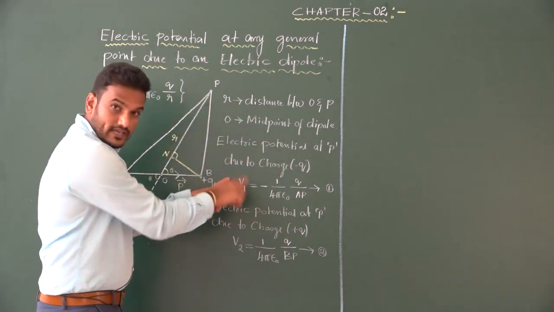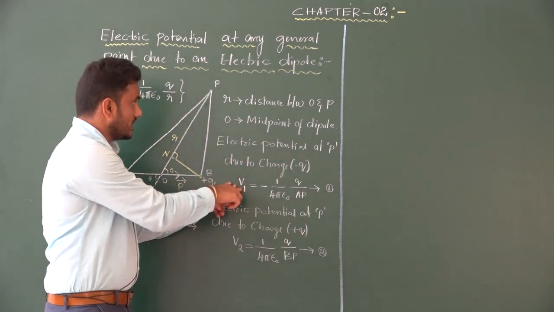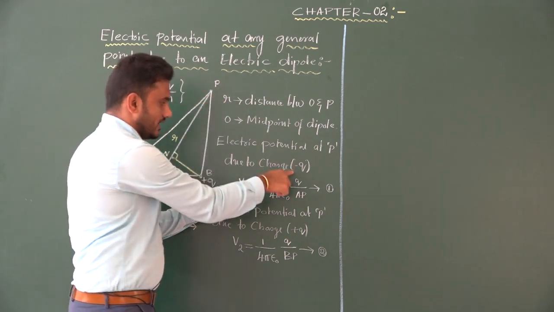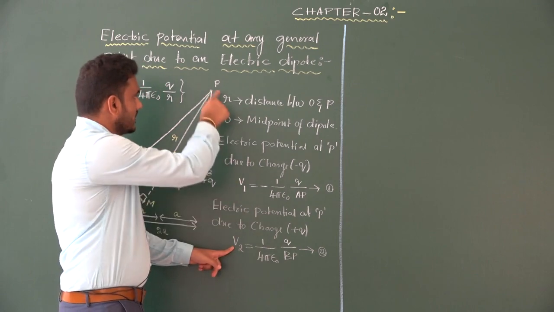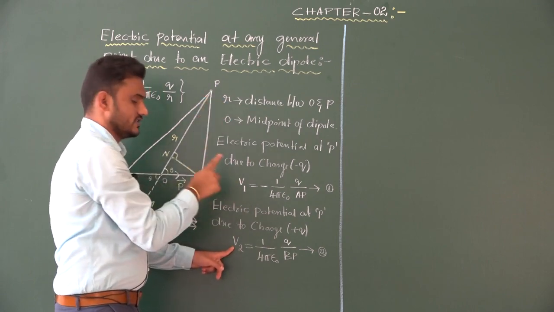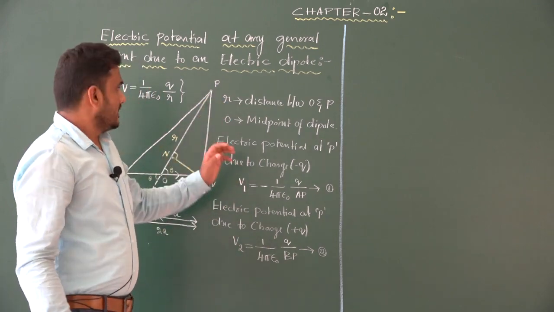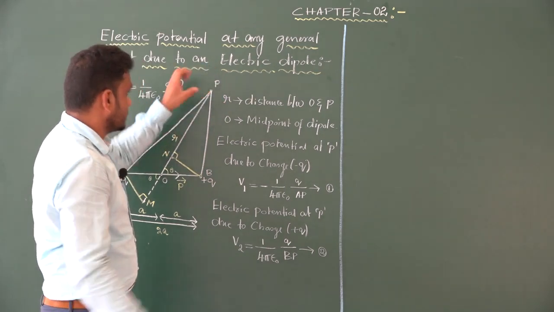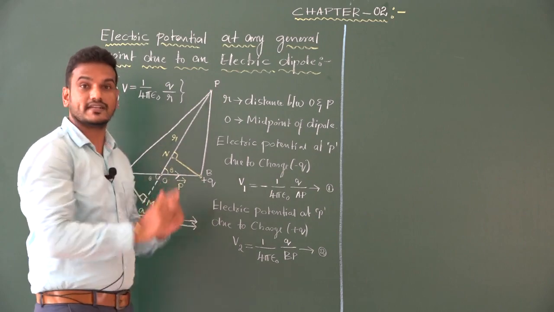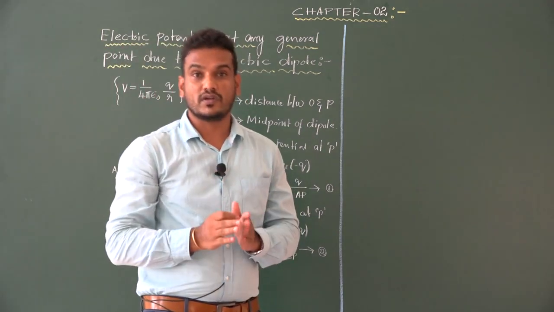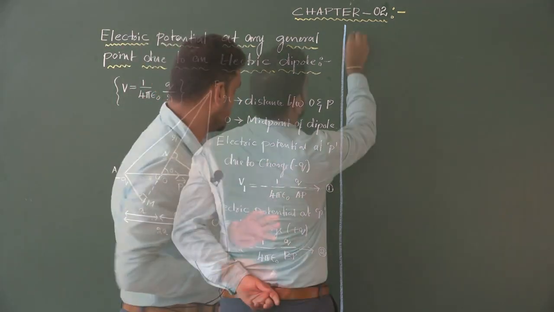So V1 is the electric potential at point P due to the negative charge. V2 is the electric potential at point P due to the positive charge. Then what is the resultant potential at point P due to an electric dipole? Resultant potential is nothing but total potential or net potential.